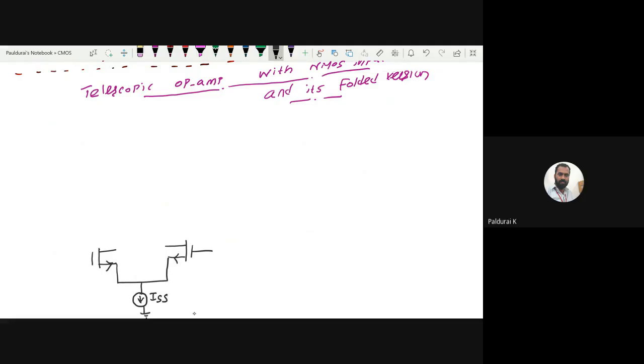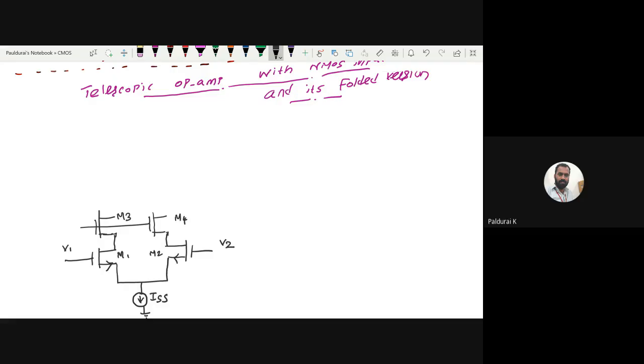Time being, current source ஏ வச்சுக்கலாம். This is my V1, this is my V2, M1, M2. Then இதுக்கு cascode வரைவோம் இல்லையா? This is M3, this is M4.